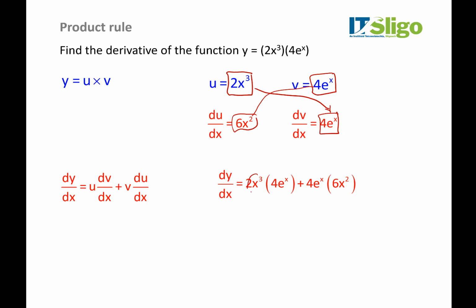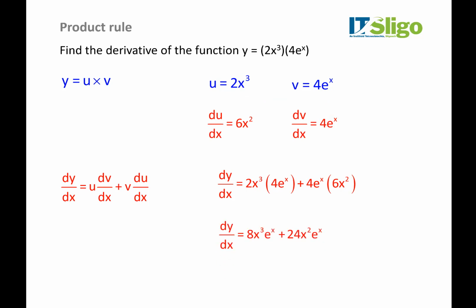So here's u dv dx plus v du dx. And we'll take a look, 4e to the power of x is common. And actually, first of all, we'll multiply them out. So this 4 will multiply by the 2. That gives us 8x cubed e to the power of x.